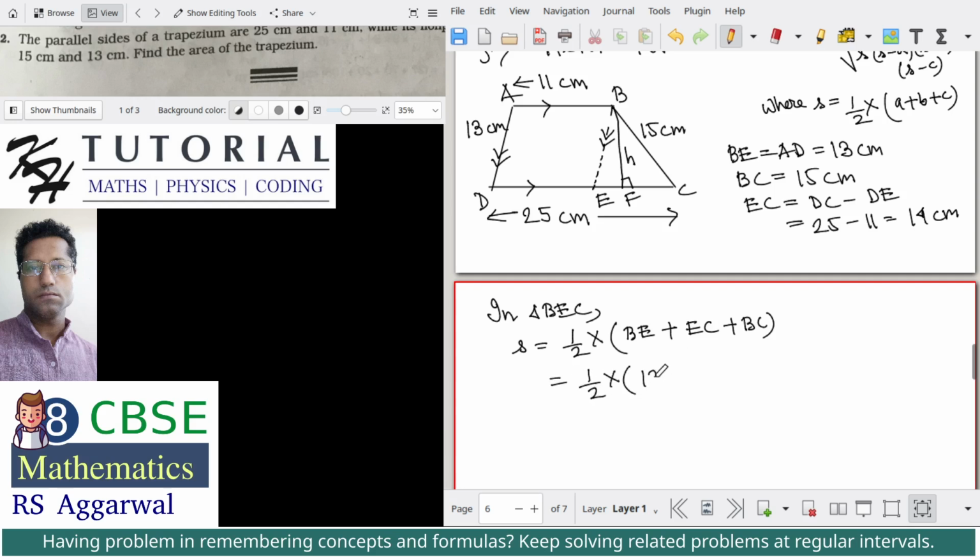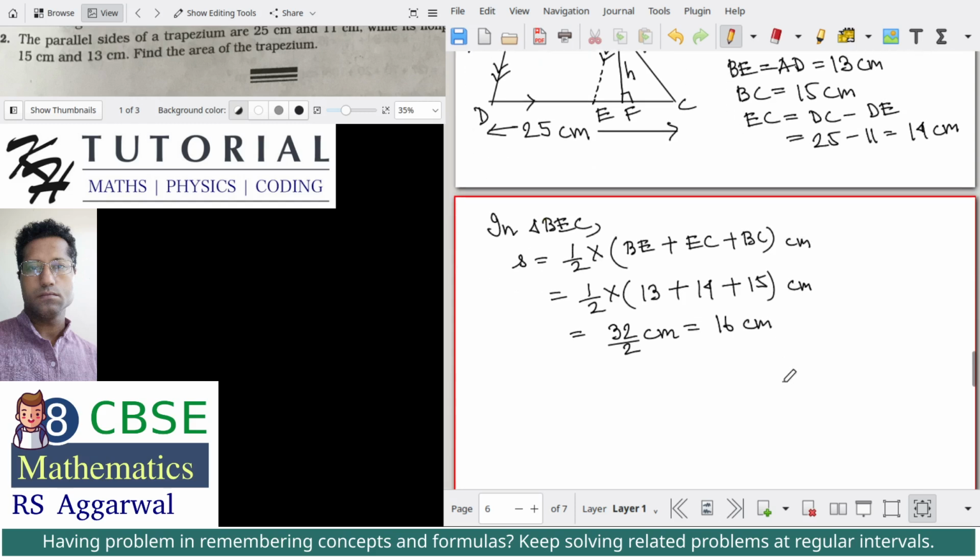BE is 13, EC is 14 and BC is 15 centimeter. This is equal to 13 plus 14 is 27, 27 plus 15 is 42, 42 by 2 centimeter, which is equal to 21 centimeter.